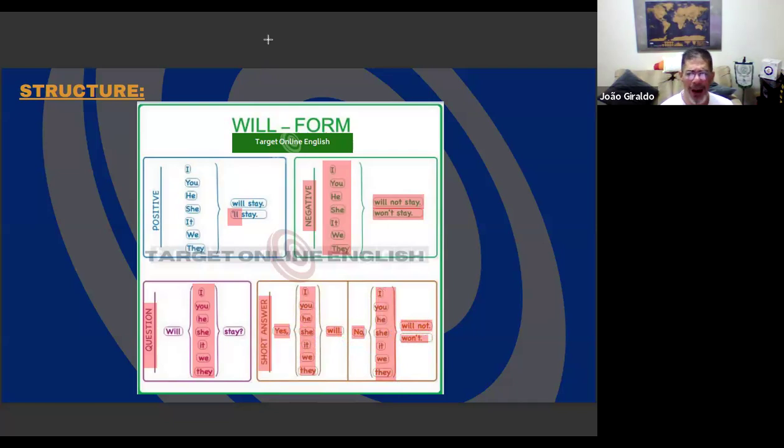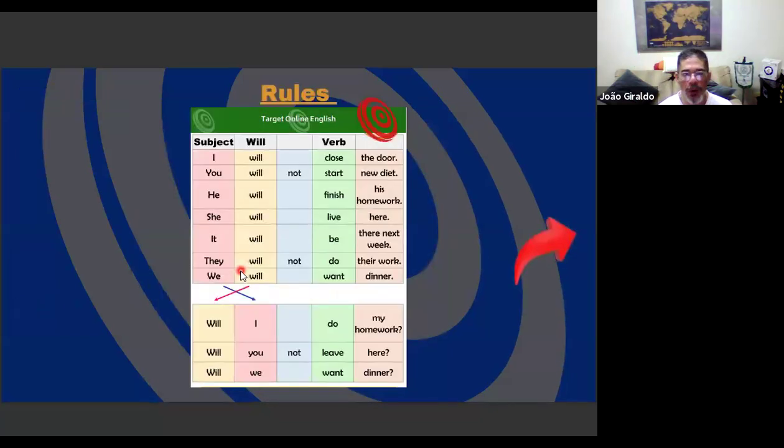Okay, guys, very simple, the structure. So this is the structure you are going to use to make a short answer. You make it small. Yes, I will, or no, I will not. No, I won't. Okay?